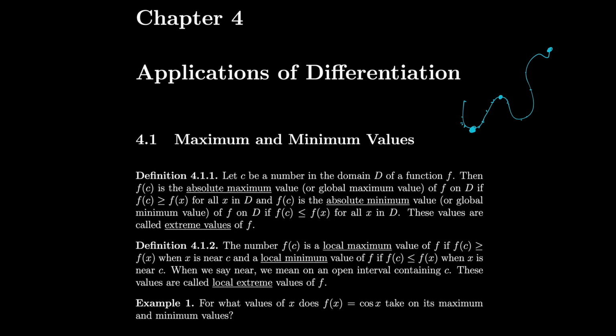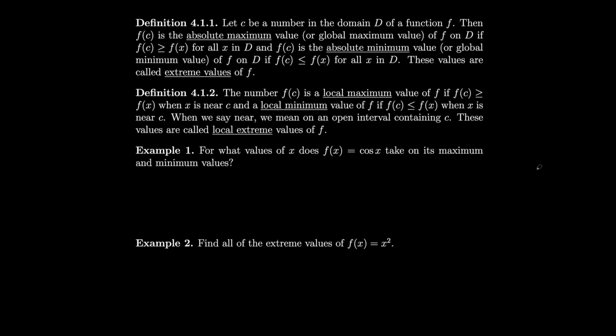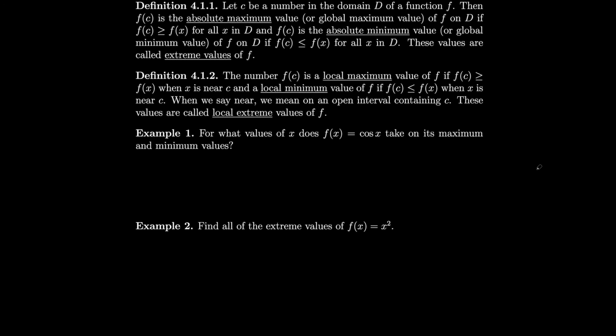Let's see for what values of x does f of x equals cosine x take on its maximum and minimum values. So let's draw cosine. Okay, so it starts at 1, and goes down and up, and same the other way.